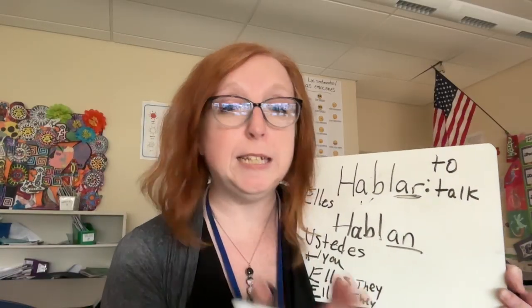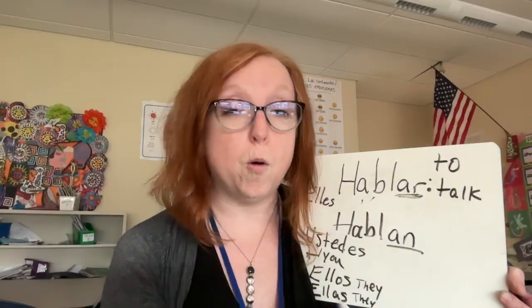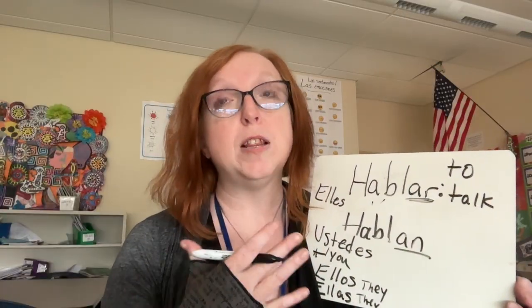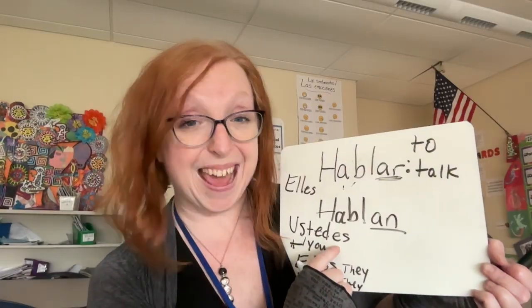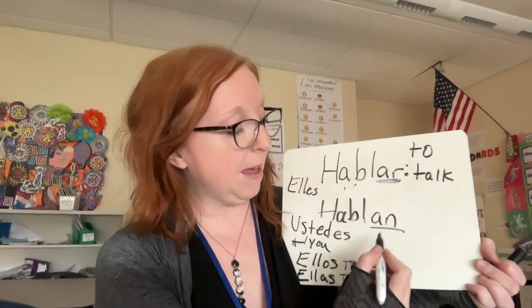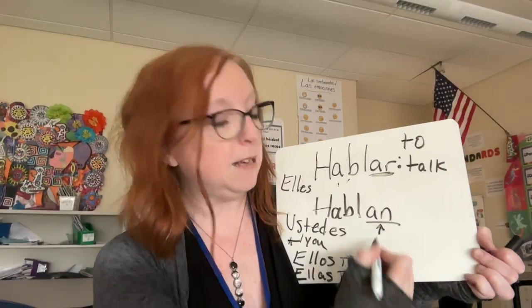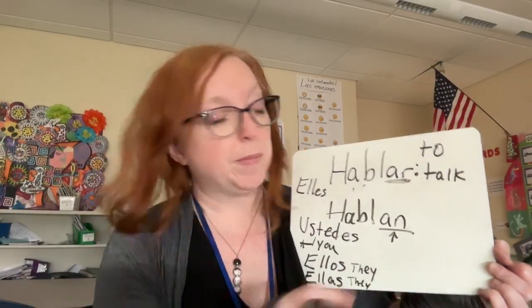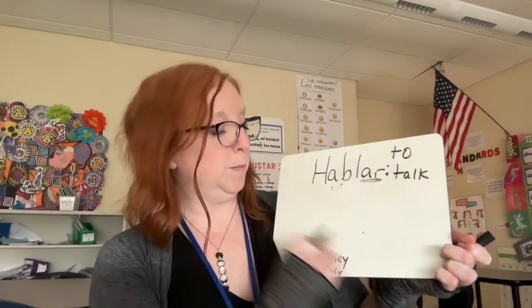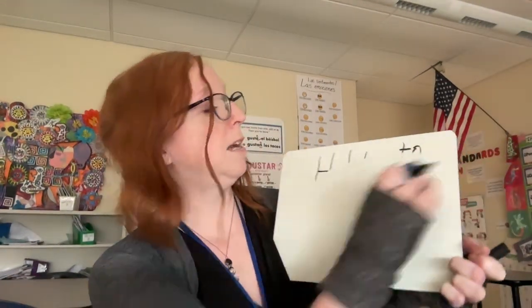I actually only need to say ustedes or ellos if the listener or reader might not realize I'm talking to they or you. So that's the only time I would need to say the pronoun, because again, that an tells me who or what is doing that action. So that's AR verbs. ER and IR verbs are a little different, so let's cover those next.